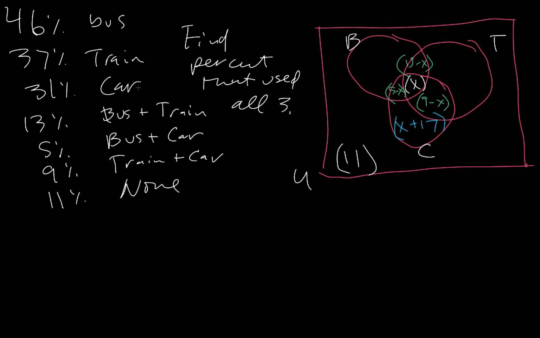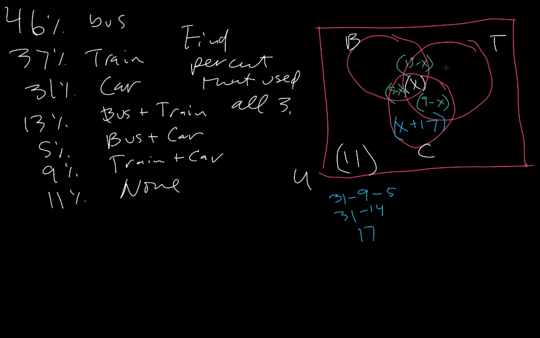And so our car was 31. And so if we do 31 minus 9 minus 5, so that's minus 14. 31 minus 14 is 17. So that's where I came up with that.